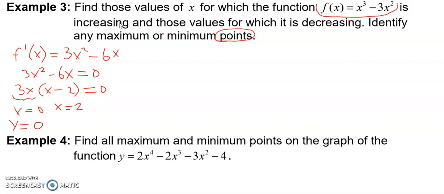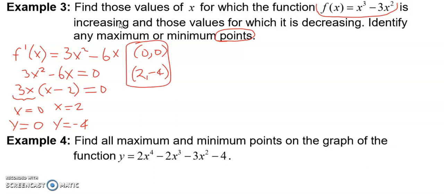And if you plug in a 2, back there on the first page, we got y is equal to negative 4. So the 2 points are 0, 0, which is either a max or a min, and the other one is 2, negative 4, which is either a max or a min. But there's your critical points right there.